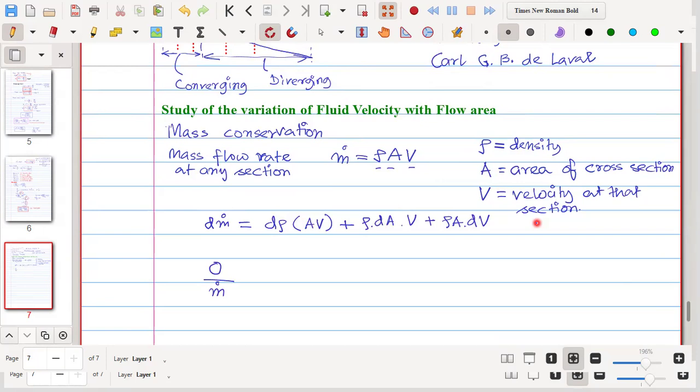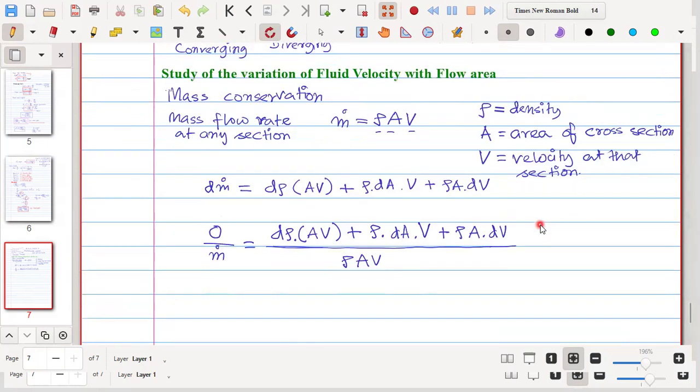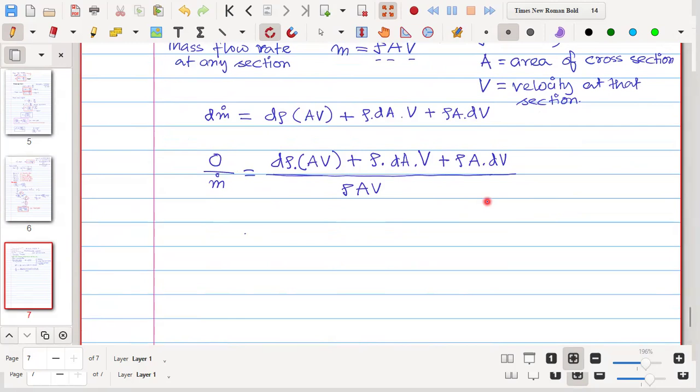So if I divide both sides with this, it will be basically d rho A V plus rho dA multiplied by V plus rho A multiplied by dV, divided by rho A V. So after that, it will be 0 is equal to, now here you see that the A V part will cancel.